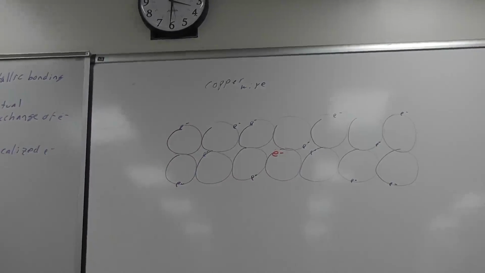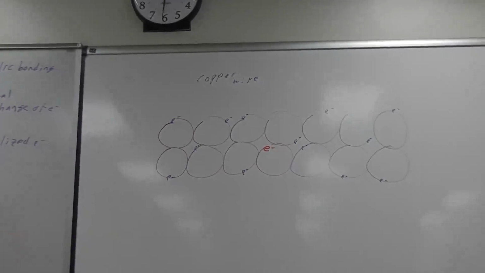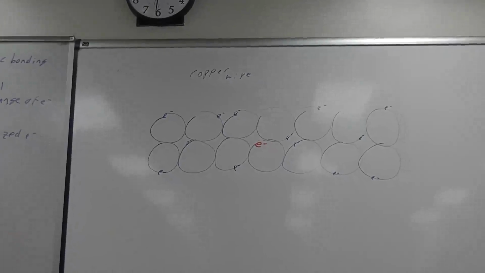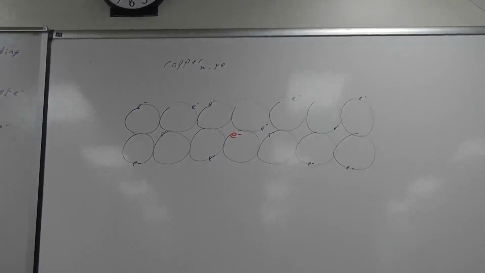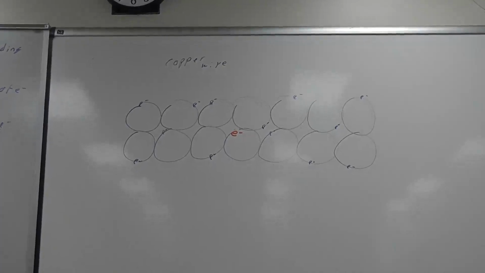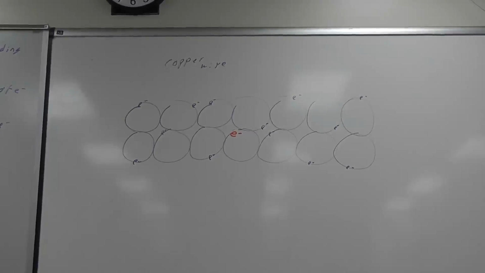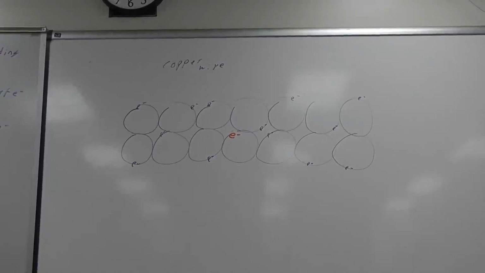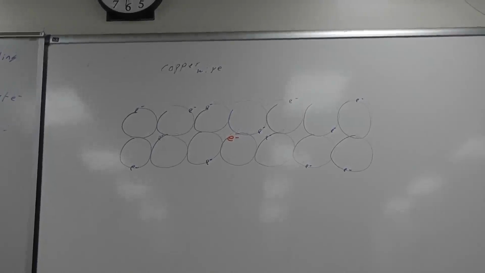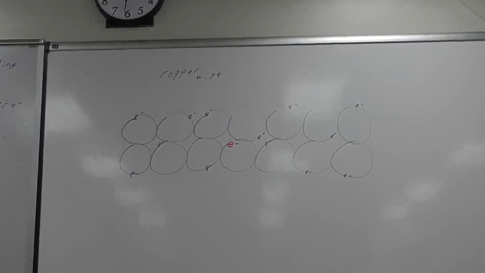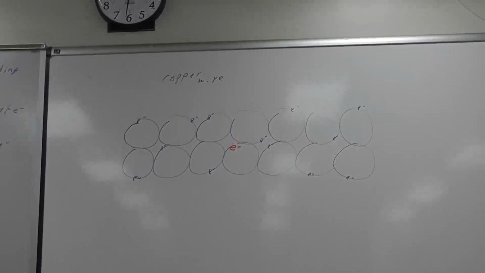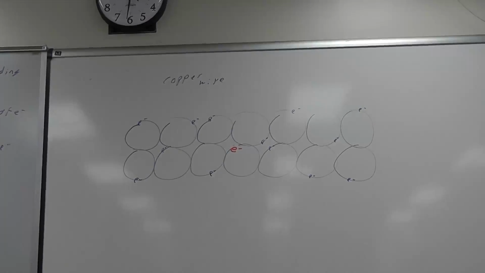This is a copper wire laying on the bench top. You're not doing anything to it at all. It's just laying there. Trick question. Where's the orange electron? And if you say center atom of the bottom row, you're wrong. Anybody for everywhere?